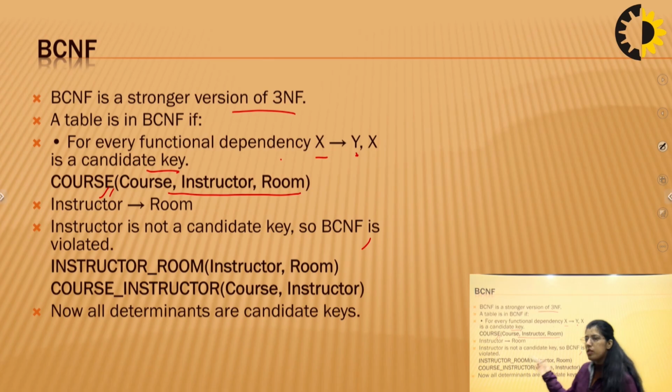So BCNF is violated. To make it BCNF, we can have two tables: instructor and room are the attributes of one table, and course and instructor in the other. Now all determinants are candidate keys.